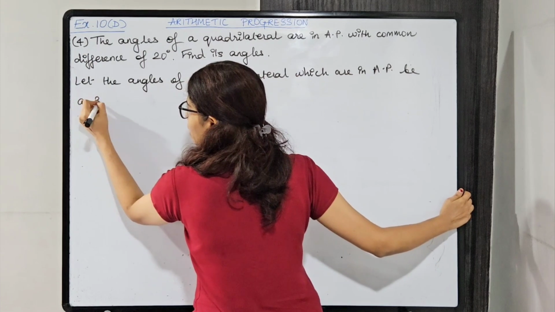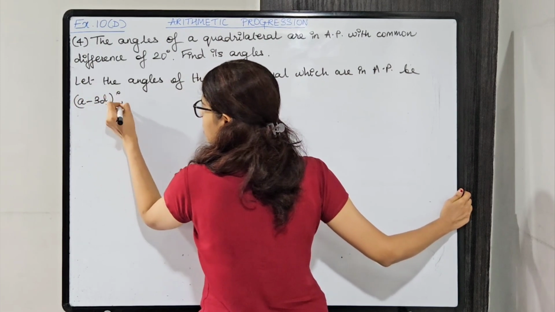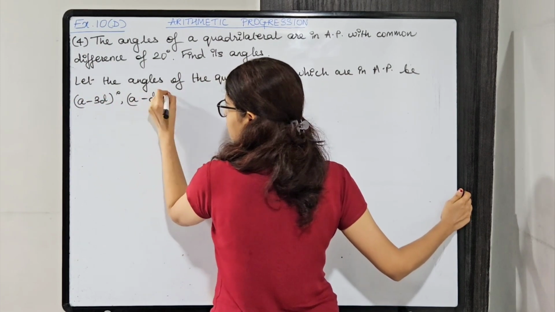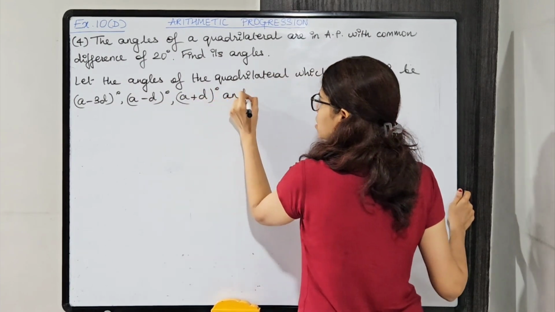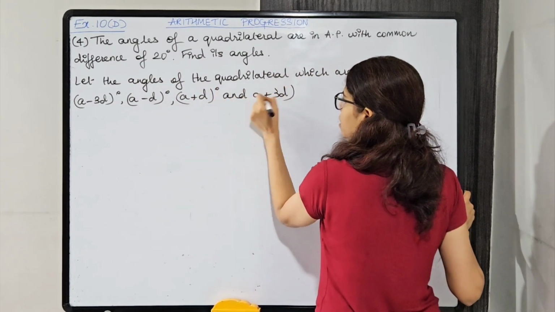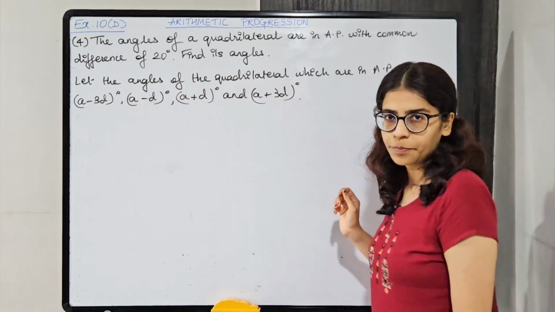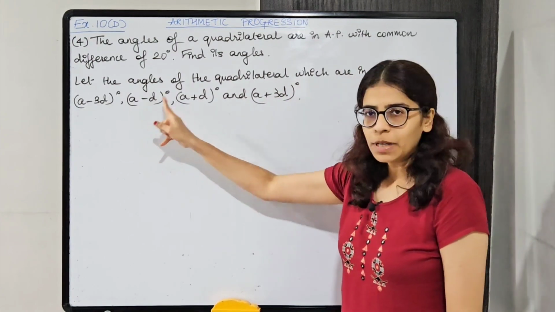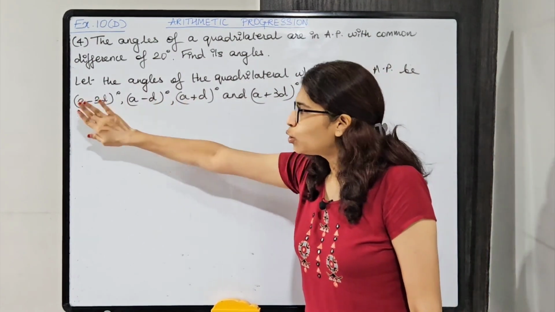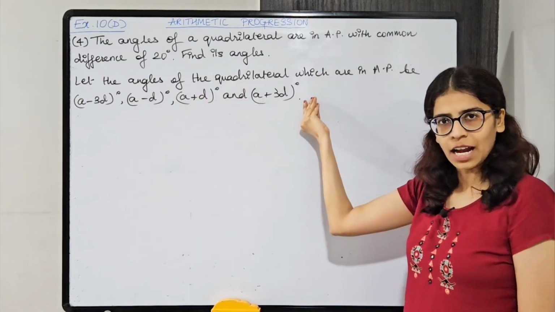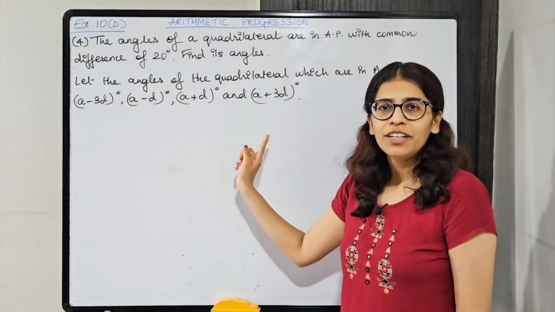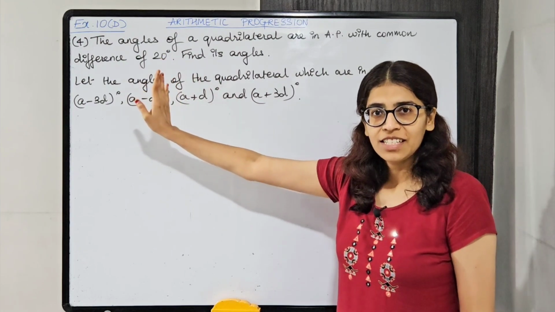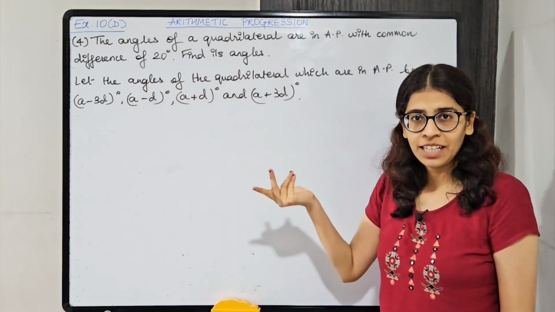The angles will be A minus 3D degrees, then A minus D degrees, then A plus D degrees, and last is A plus 3D degrees. Correct? In between A minus D and A plus D, फिर 2D subtract करो, यहाँ पे 2D add करो. Okay? The common difference is 20 degrees, that is 2D will be 20 degrees.